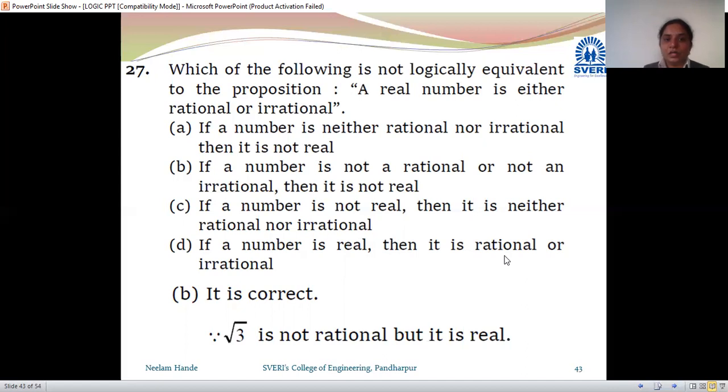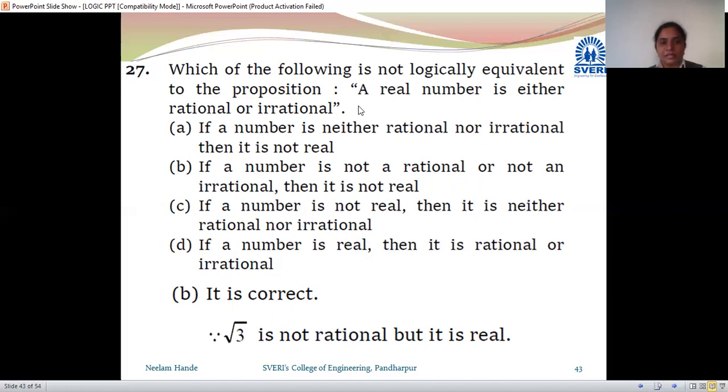So the given statement is a real number is either rational or irrational. A number is not rational or not irrational, then it is not real. If it is not real, then it is neither rational nor irrational. If the number is real, then it is rational or irrational.